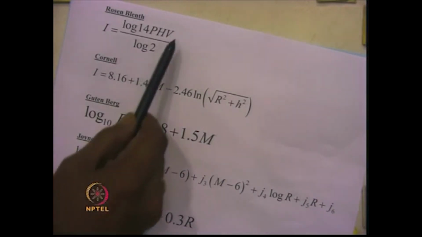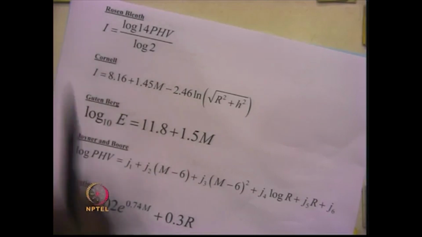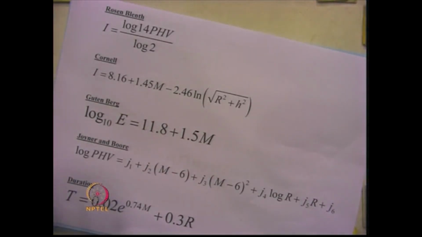So, this is the equation that Rosenbroth observed, that the PHV maintains with the intensity of earthquake.